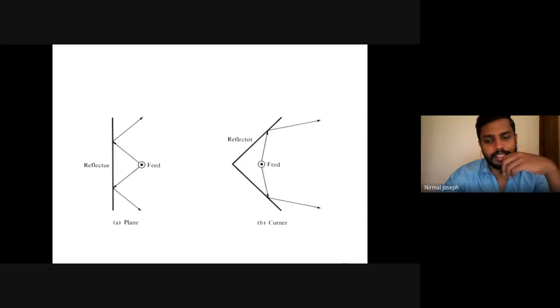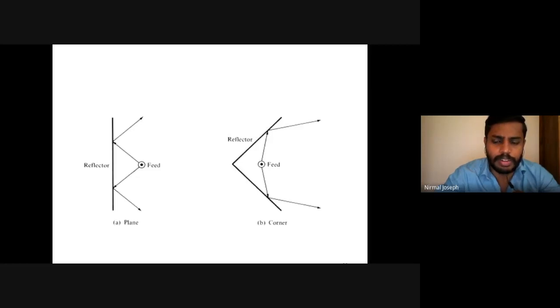Then see a corner reflector. Here the feed is provided, and since the reflectors are placed like a cone, at an angle, the rays from the feed will be incident upon the reflectors and reflect. In the plane reflector, we cannot say that it is going in a particular direction; rather, it will be a plane wave.